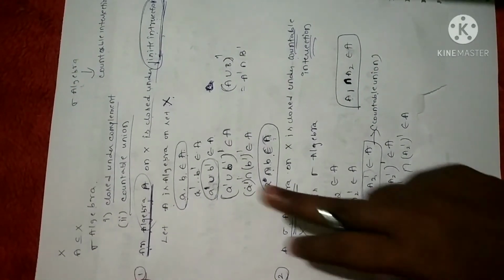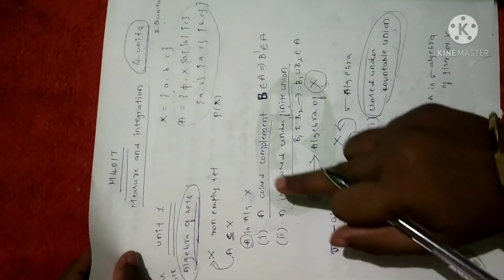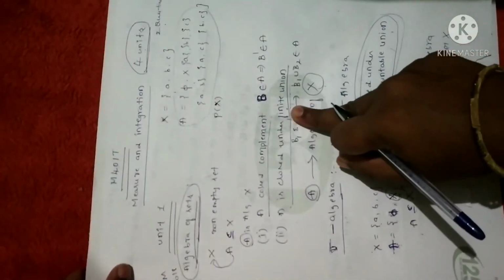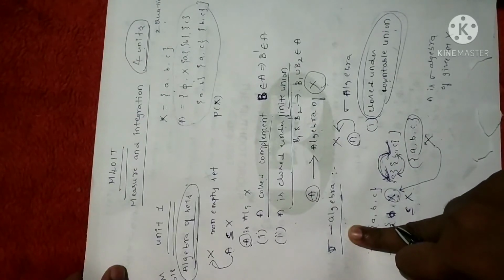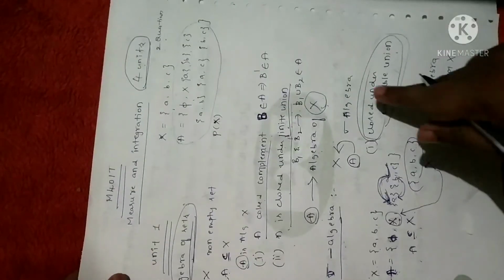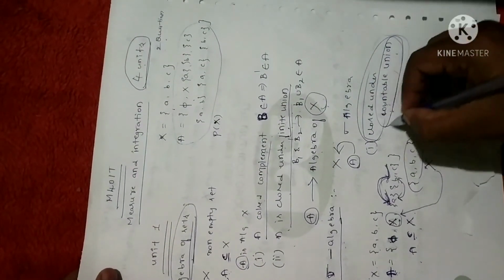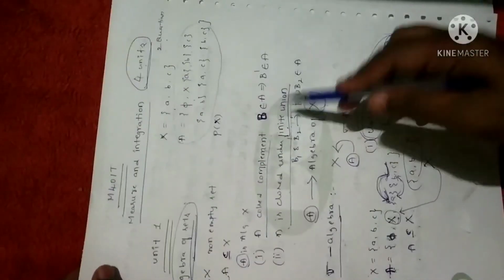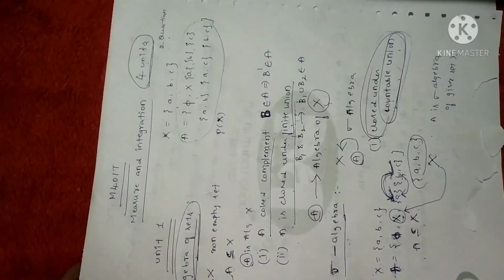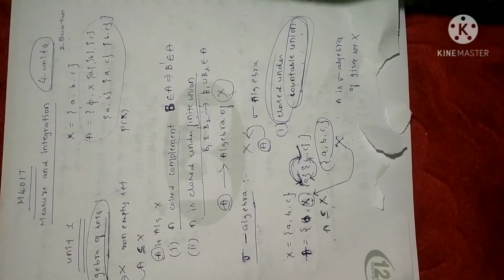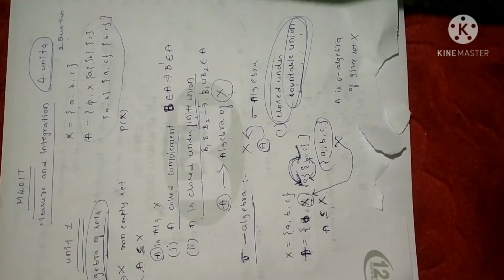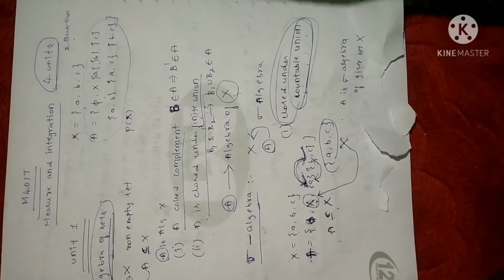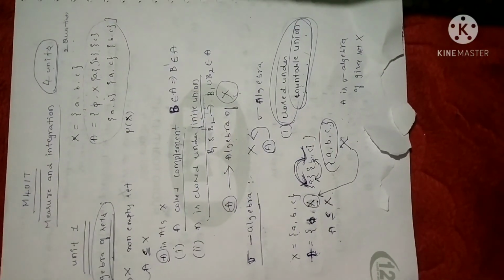The difference is that in an algebra of sets it is closed under complement and closed under finite union. In a sigma algebra it is closed under complement and closed under countable union. Make the difference here: it is finite, here it is countable union. It is just a basic concept, please go through it, and the theorem based on this will continue in the next session. Thank you.